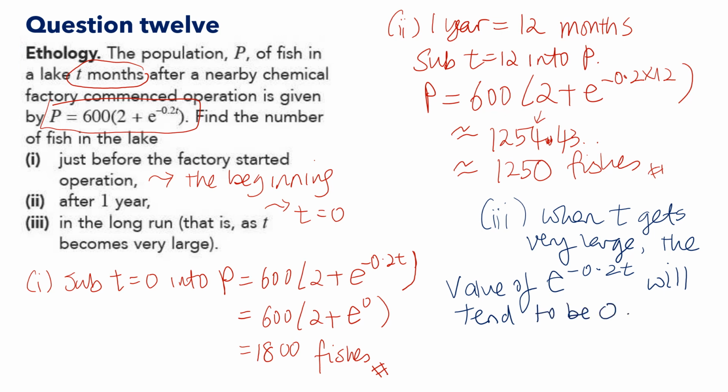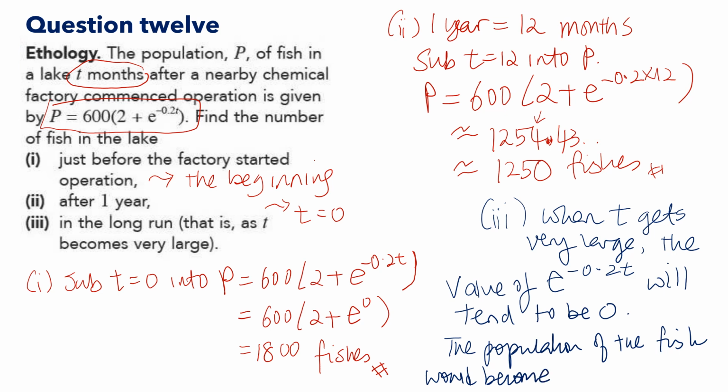You can try substituting a very large value in there, and you'll see that it gets very near to 0. Almost 0. And if that's the case, then the population of the fish would become stagnant at a value of 600 times (2 plus 0), which gives you 1200.